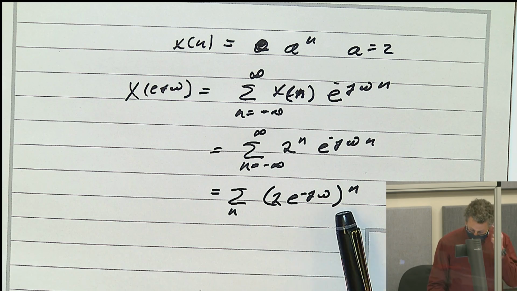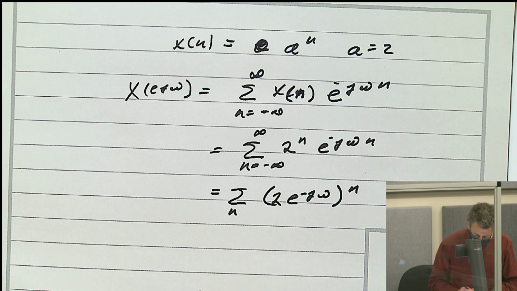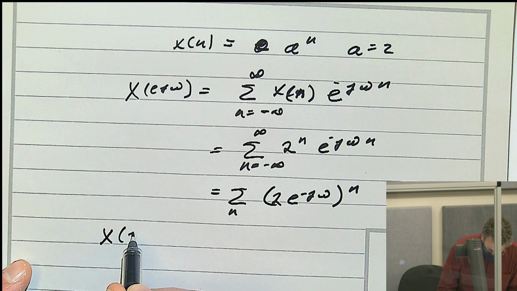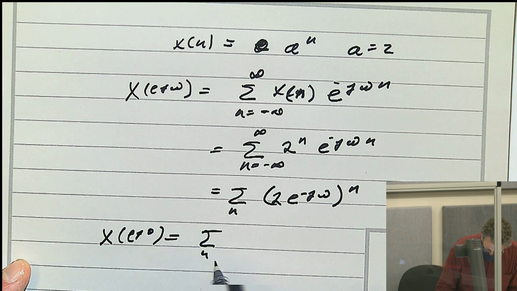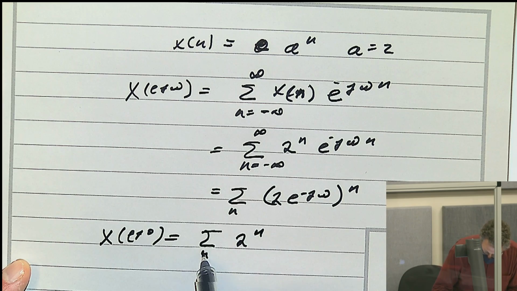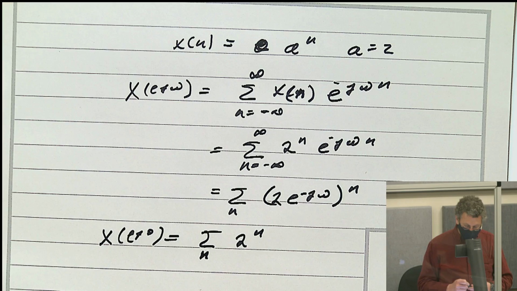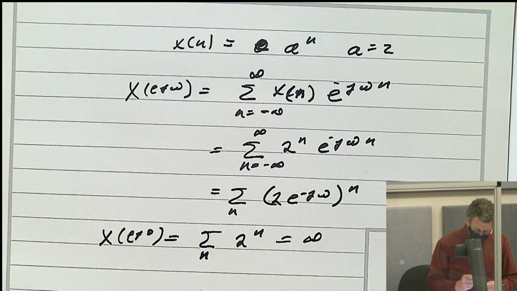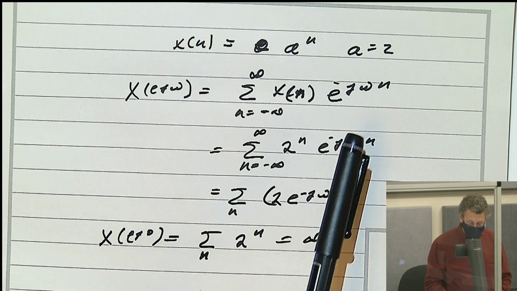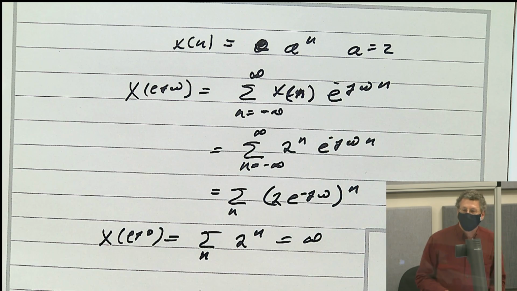So, for example, if omega is 0, so that e to the j 0 is equal to 1, the sum over n of 2 to the n is obviously equal to infinity, right? So it's not convergent. So the discrete time Fourier transform doesn't exist for this function.